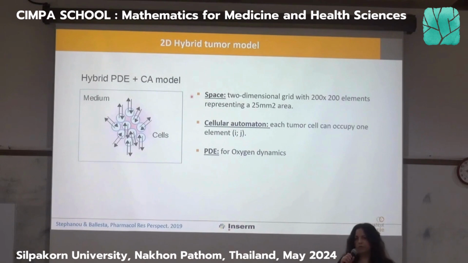So the domain will be a 2D domain, which is a grid. So we have a 200 by 200 element grid. At each node of the grid, you need to imagine that there may be a cell. So let me draw this for you.